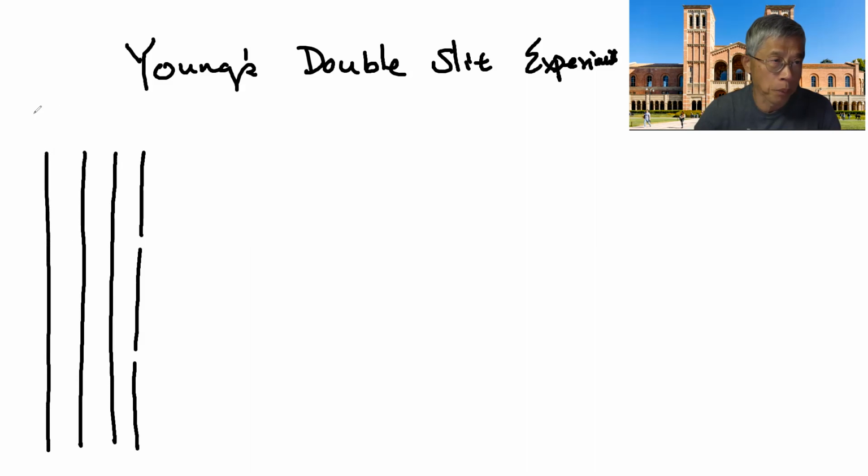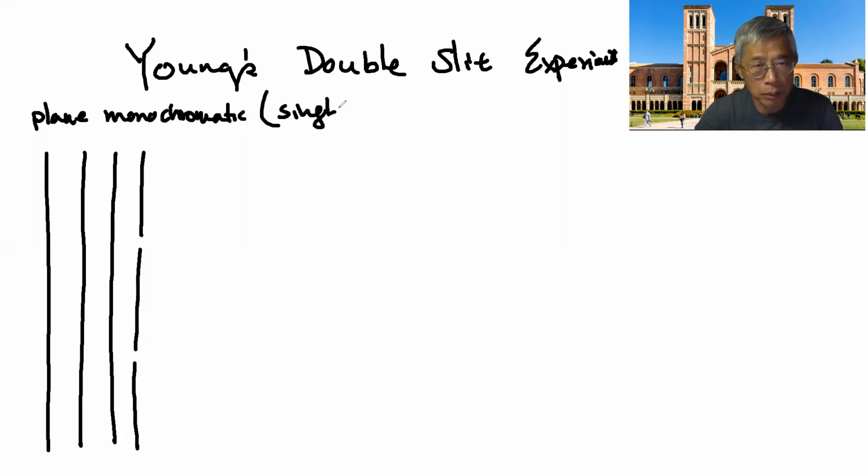And these are called plane waves, and it's called monochromatic. What does that mean? It means just single color, or single lambda, right? There's only one lambda. All these have the same wavelength. So this is a plane wave.